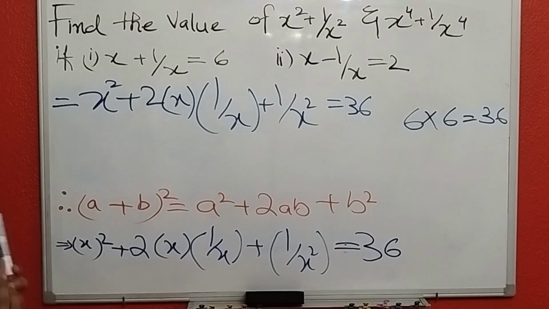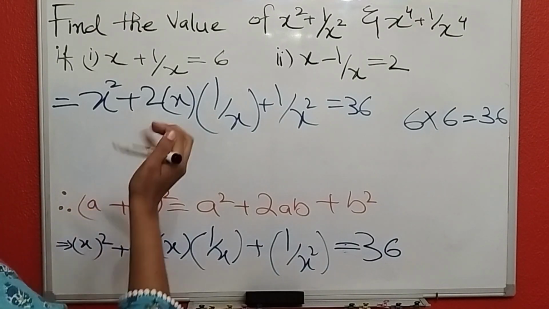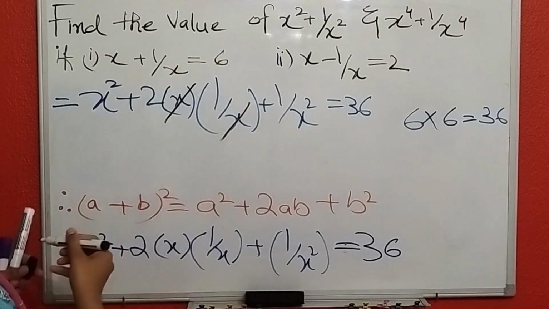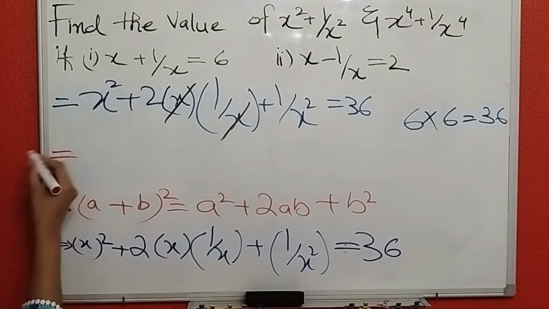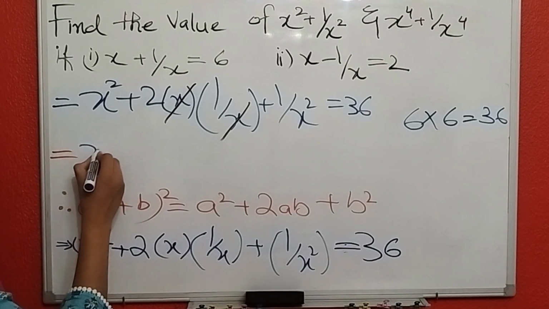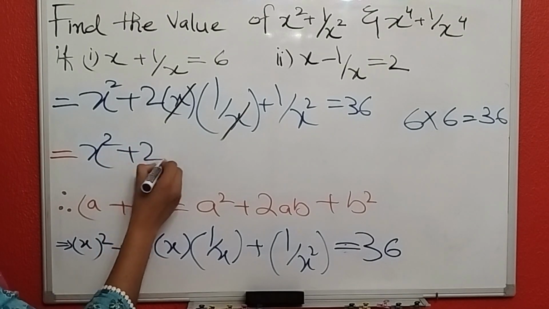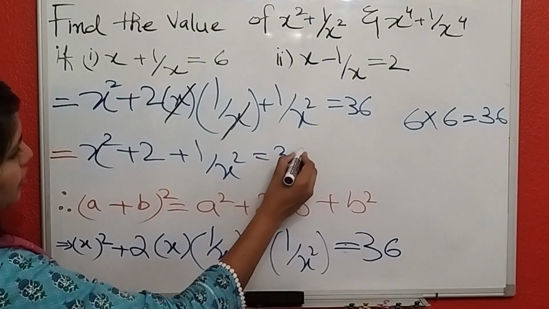Whenever two things are multiplying and dividing each other, then we should cancel these two. Now I am writing the next step. x square plus 2 plus 1 over x square is equal to 36.